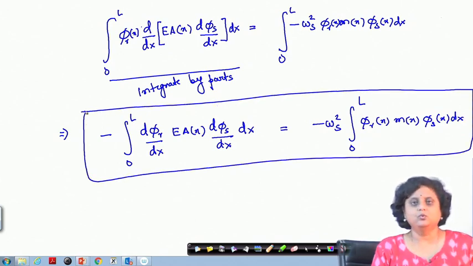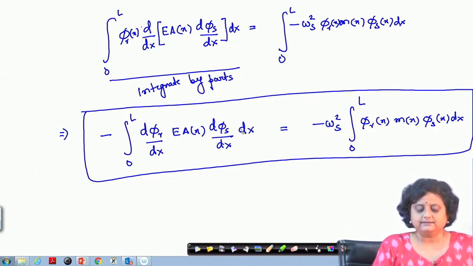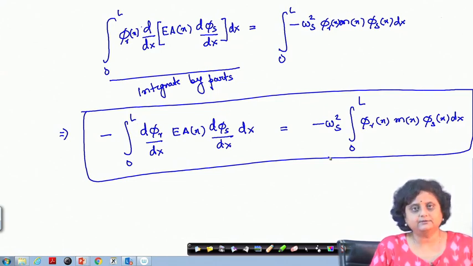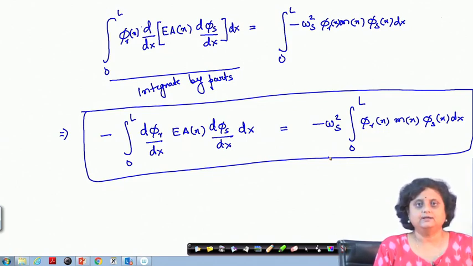Now, what we do is that we subtract the previous similar expression that we have got from this expression. Now, let us look into it carefully. The LHS of this equation and the LHS of the previous equation are equal to each other.